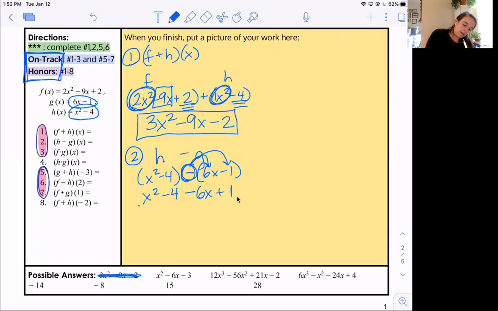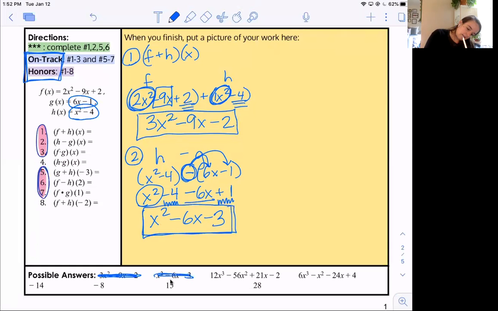I'm not seeing any for x squared, so I'm just going to put that first. And then not seeing any for negative 6x. That goes next. And then I have negative 4, positive 1, makes negative 3. Right, so I can see x squared minus 6x minus 3. See that one right here? So I can go ahead and cross that out. This is my answer. Cool.